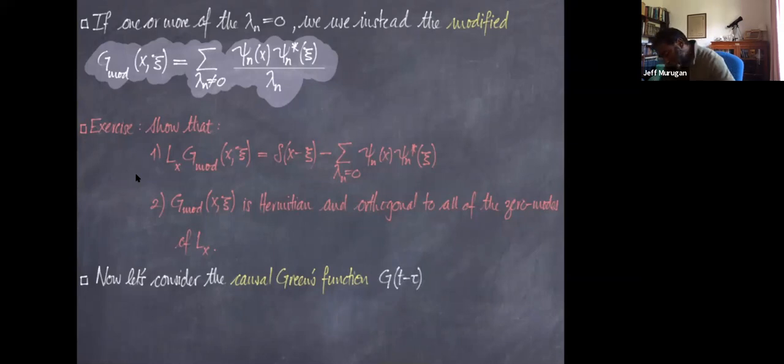And this is equal to 0 whenever t is less than tau.